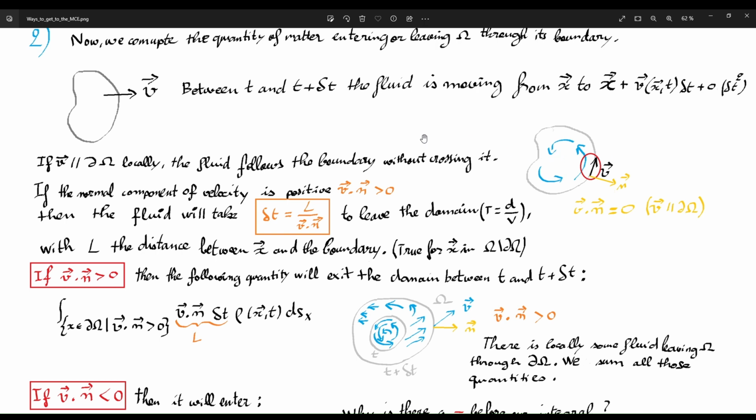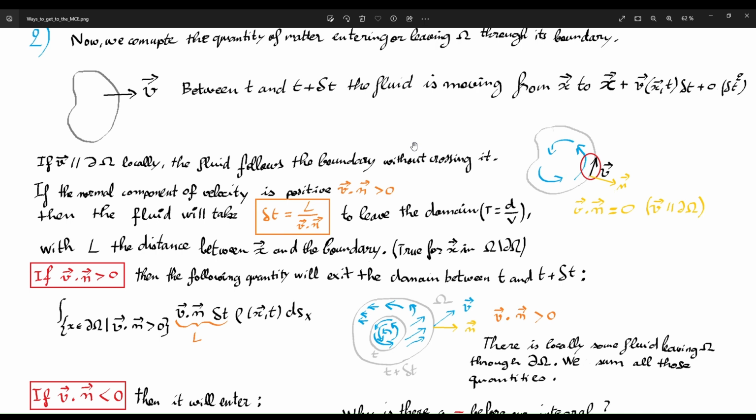If the normal component of velocity is positive, that is to say v scalar n positive, then the fluid will take delta t equal to L over v scalar n to leave the domain. It is the simple formula time equals distance over velocity, with L the distance between x and the boundary.